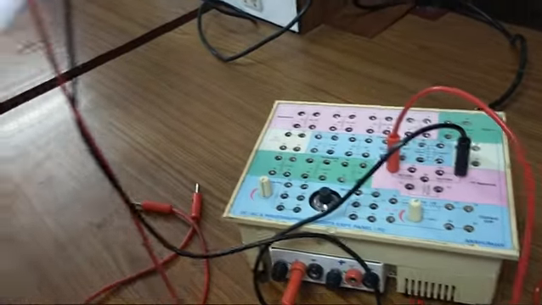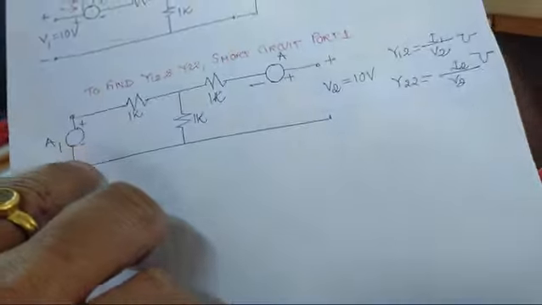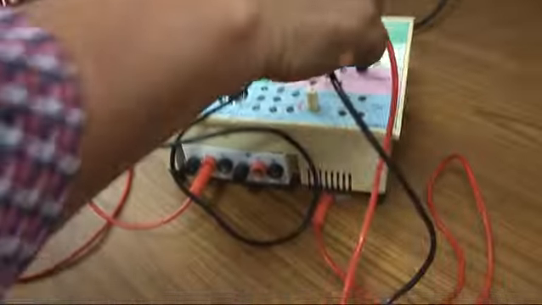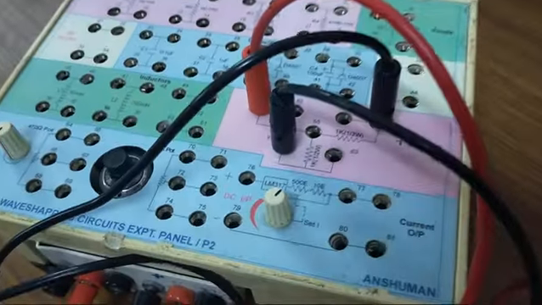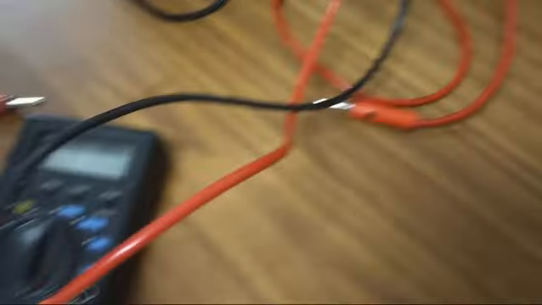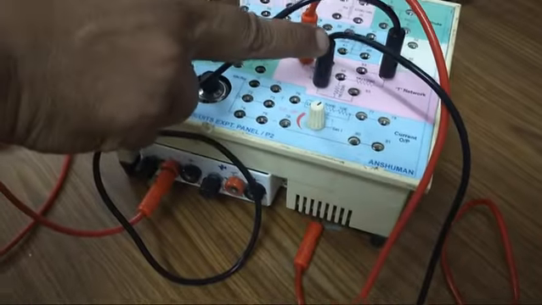Then ammeter negative. This ammeter negative end is connected to 1K.